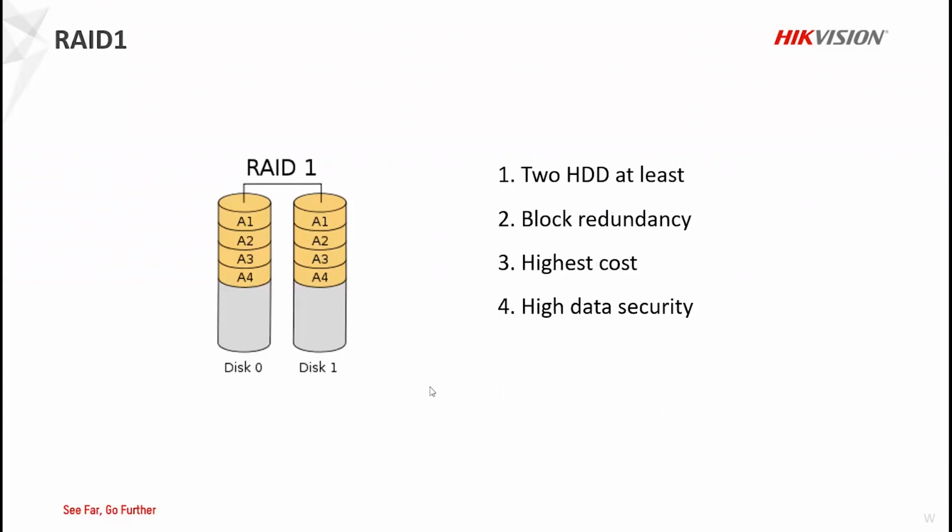RAID 1 comes with block redundancy, which means it is a duplicate, exactly like cloning, but using RAID technology. So when you copy a file to the system, it will be copied to 2 hard disks. It will always keep 2 copies. Let's say one disk fails, you can remove this disk and plug in another similar disk, and the data can be rebuilt automatically.